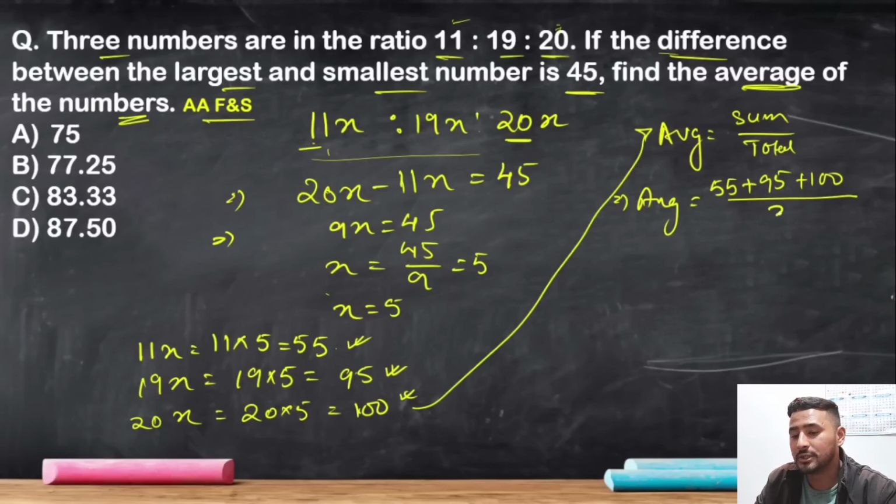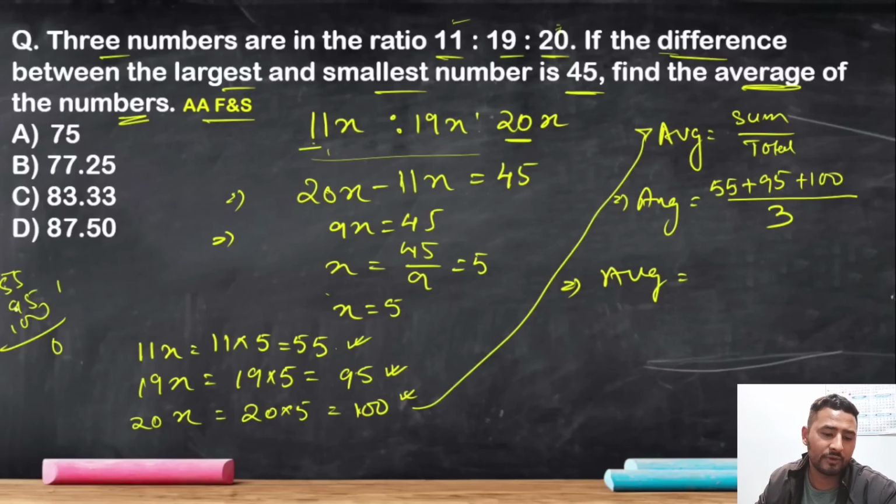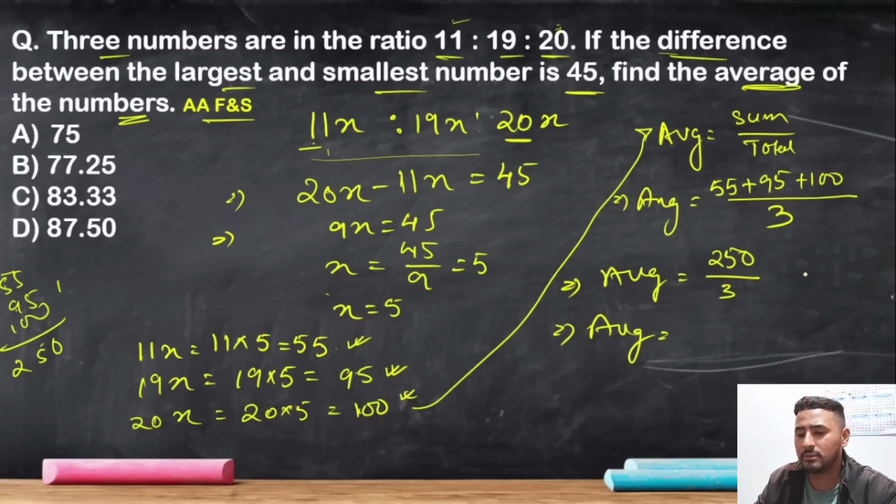Total numbers are 3. So get the average and you get the answer. 5 and 5 is 10, carry 1, 5 and 9 is 14 plus 1 is 15, so 250. So we are getting 250 by 3. Divide this, and you'll get how much?